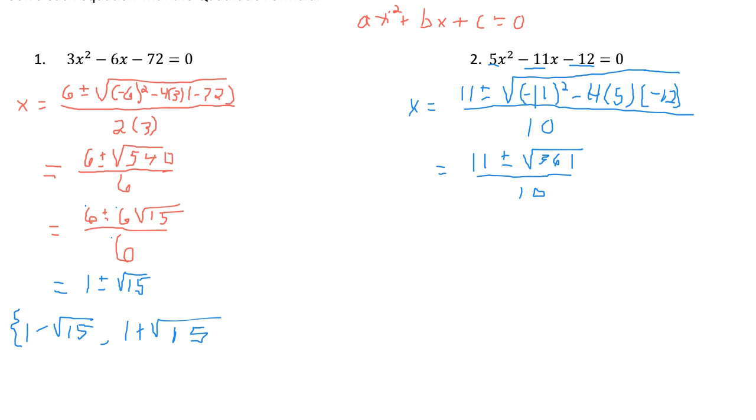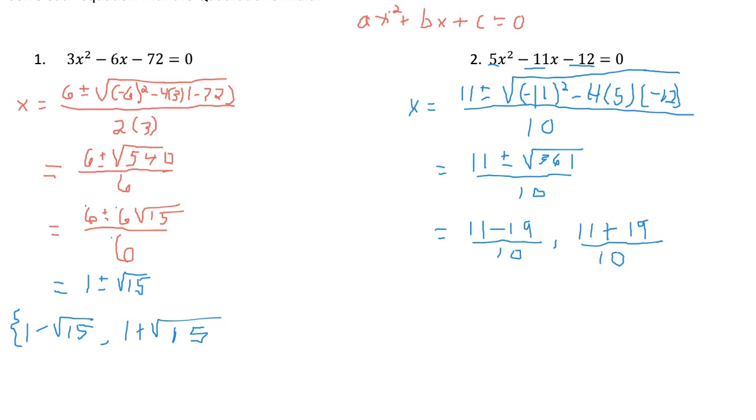And the square root of 361 is 19. So what I really have here is 11 minus 19 over 10, and 11 plus 19 over 10.